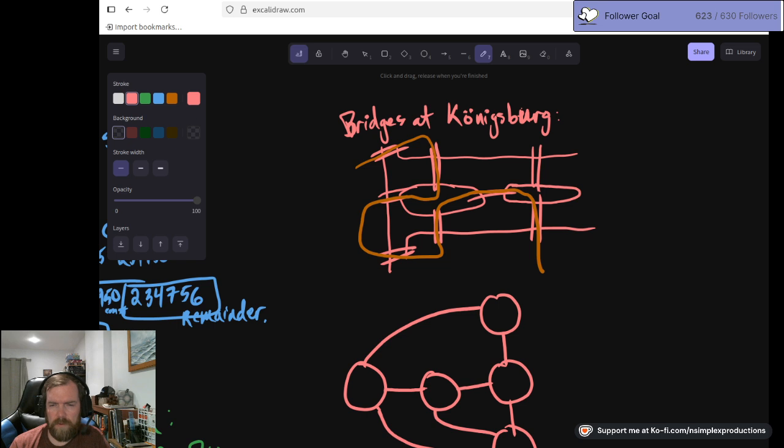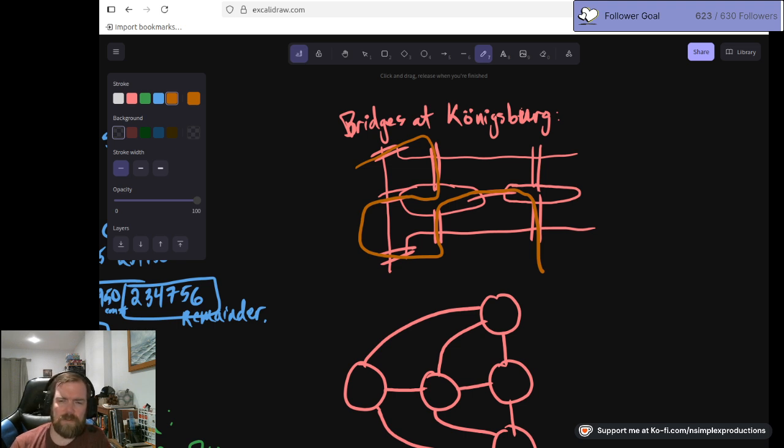They go to both, yeah. And again, the idea is that only one of these locations can have an odd number, I think.